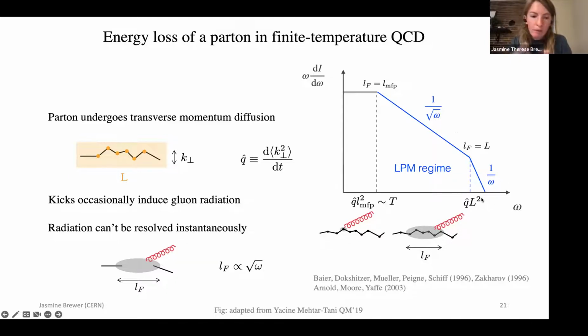So the basic point I want to make is that depending on the features of both this radiation and how the parton interacts with the medium, you get characteristically different spectra for the energy of these gluons emitted in this way. This is a characteristic feature of finite temperature QCD, which we would hope to access in jet phenomenology.